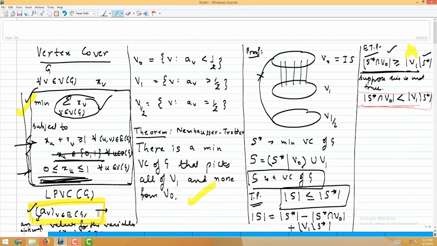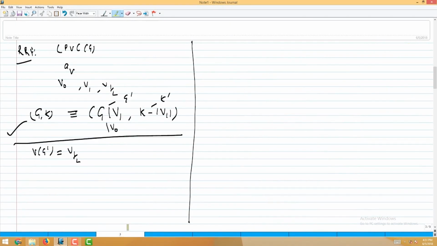Now, let's go back to this LP. When we solve this LP, suppose this LP value turned out to be greater than K. So in the very first place, even before doing this, when we solve this LP, we got these AV values, and suppose the summation of AVs was greater than K. Then can such a graph have a vertex cover of size at most K?